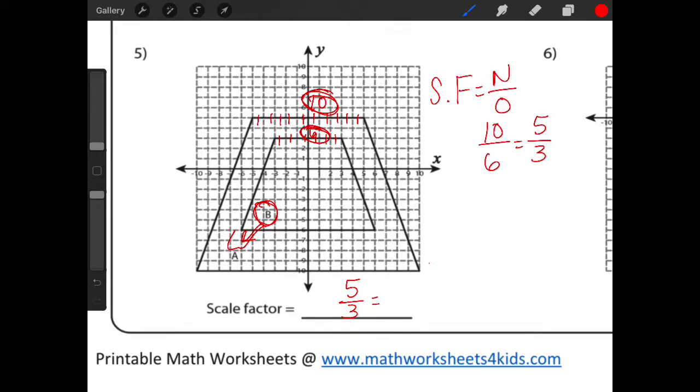You could have also potentially gotten 1 2/3 as the scale factor, which is fine. Don't write it as a decimal though, because if you wrote this as a decimal, 1.6 repeating, you can't really do that in a calculator because at some point you have to round it off. So if it's a repeating decimal, leave it as the improper fraction or the mixed number.